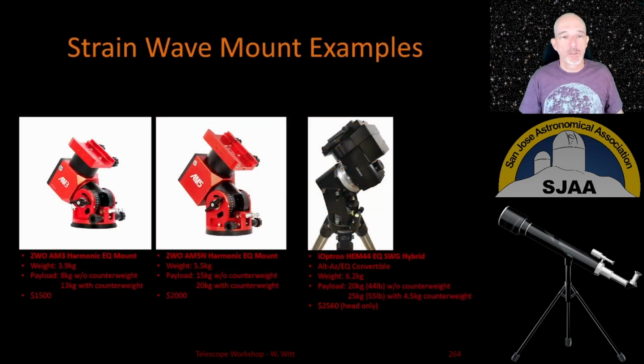Here are some examples. These two are from the same manufacturer, but they differ in terms of their weight and carrying capacity, the payload capacity. So this guy is 3.9 kilograms, this guy weighs 5.5, so heavier to carry around, but for that you get a higher payload capacity of 15 or 20 kilograms. So notice the difference here is, again, depending on counterweight. If your telescope setup is 15 kilograms or less, you can use it just like it looks here.